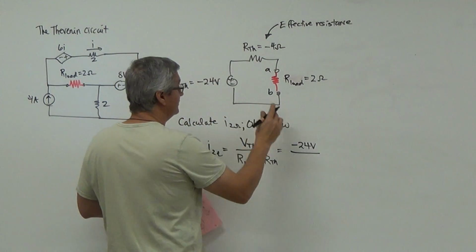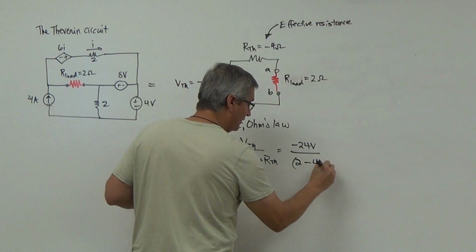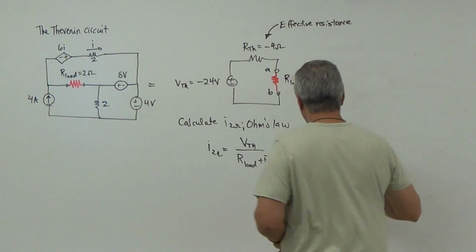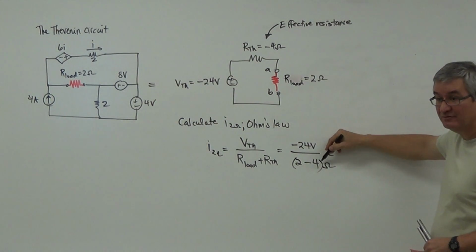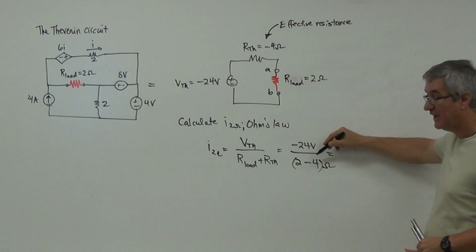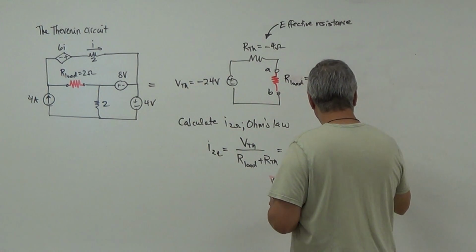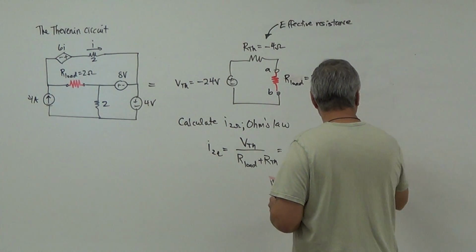Because in this case here, the load is 2, and note that this is 4. So when I calculate this current, you can see here that this is giving me 24 divided by negative 2. The negatives cancel out, so therefore in this case here, I'm going to get what? 12 amps for the 2 ohm resistor.